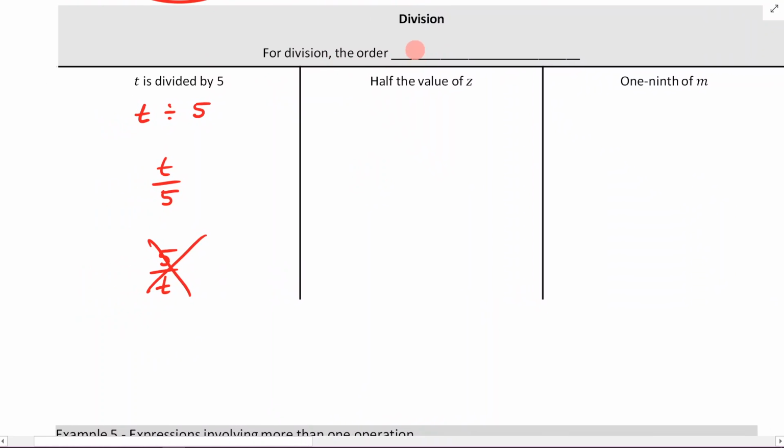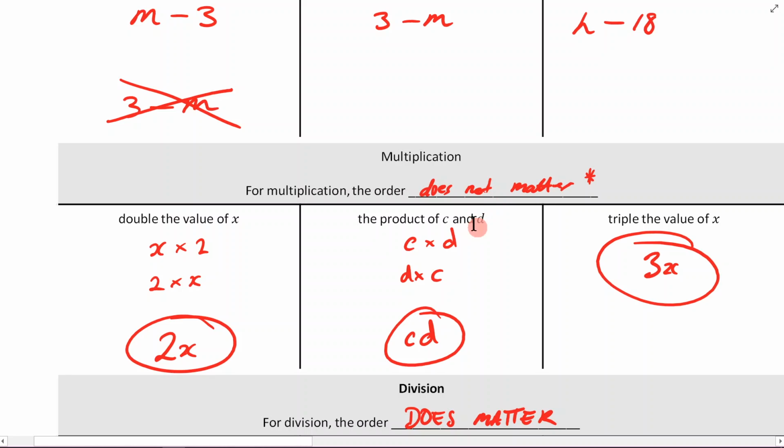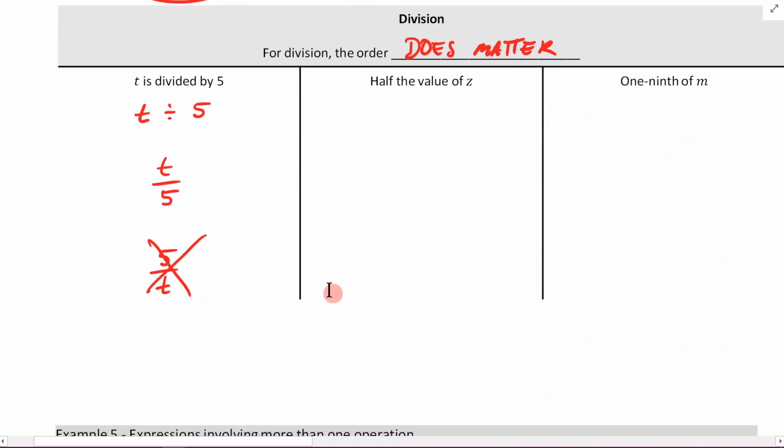They're not the same. So for division, the order does matter. So you need to remember that for subtraction and division, the order does matter. And you also need to remember that for multiplication, while the order doesn't matter, you still have to make sure that you use those algebraic conventions of the coefficient. Okay, let's keep on going. Half the value of z.